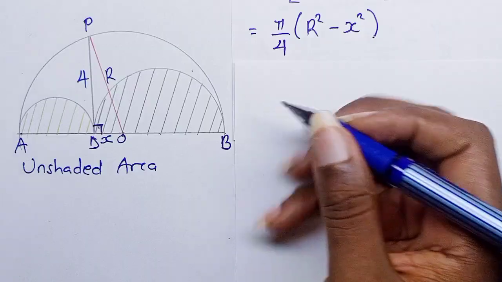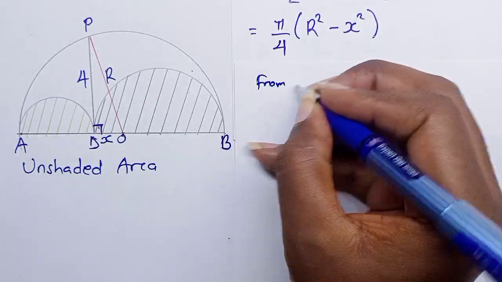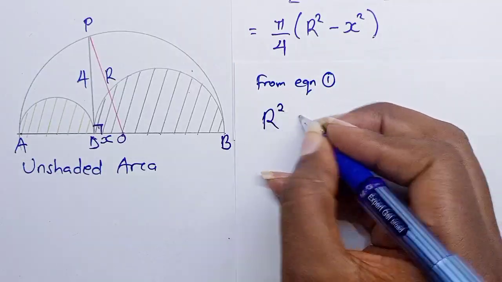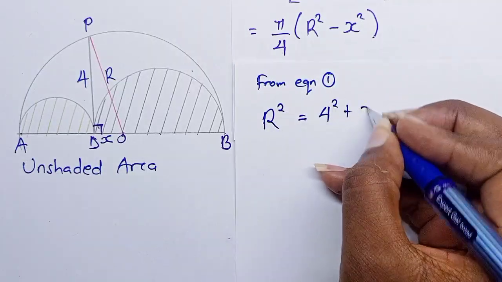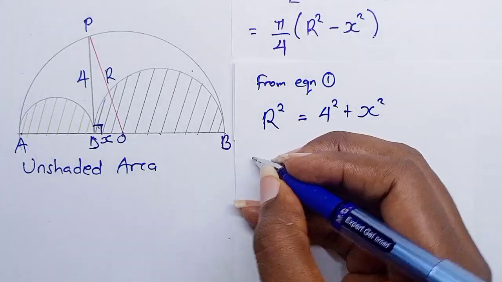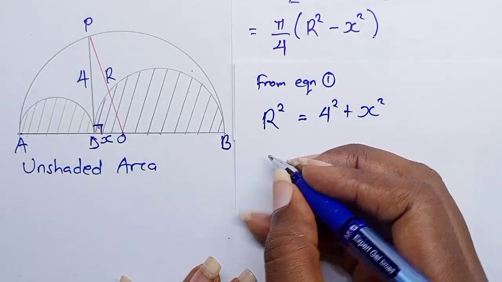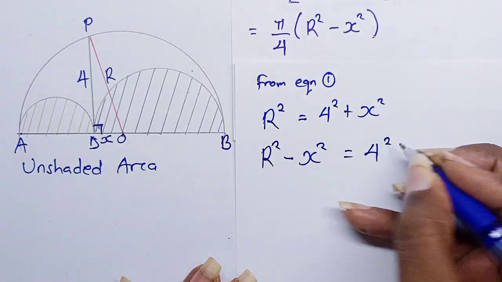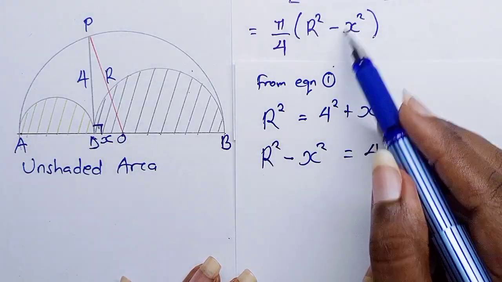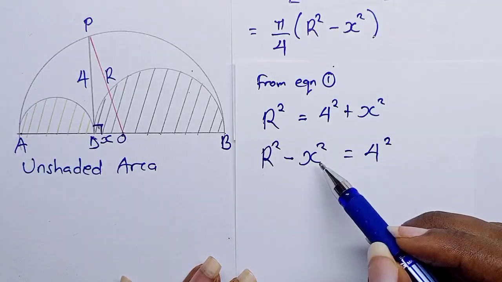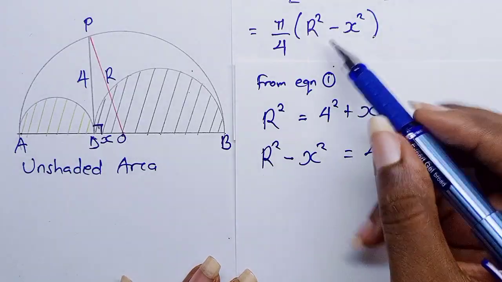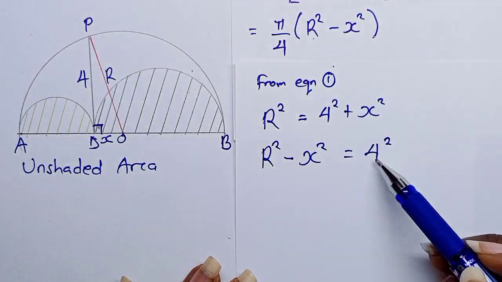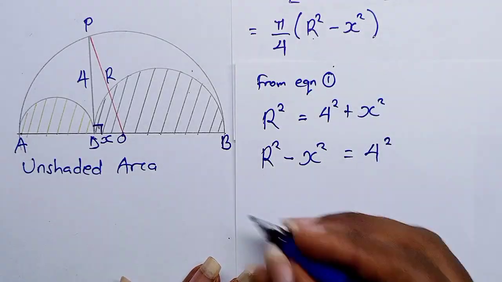Remember, from equation 1, we got R squared to be 4 squared plus X squared. Okay, so R squared minus X squared will be equal to 4 squared. So here, we replace R squared minus X squared with 4 squared, we substitute.